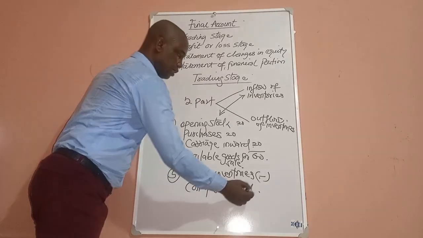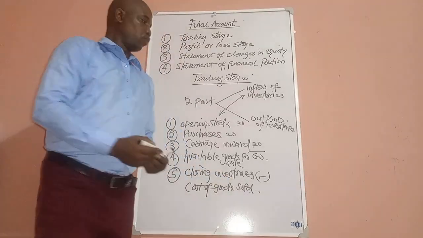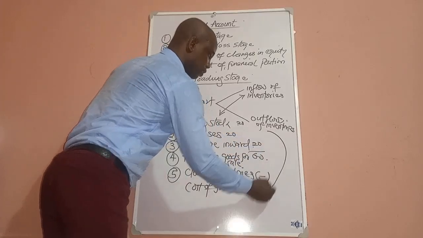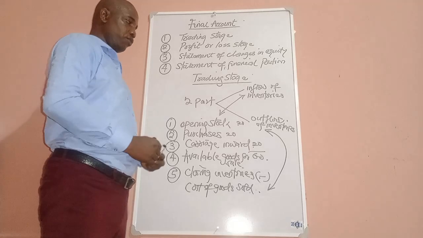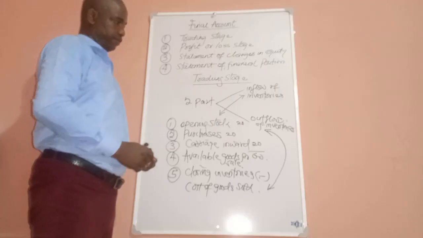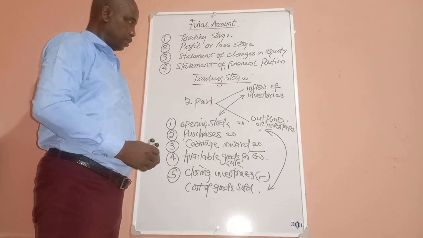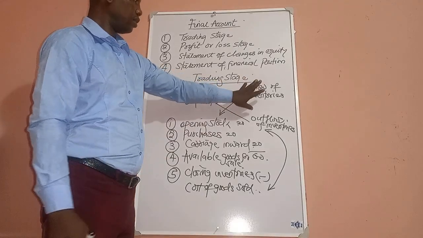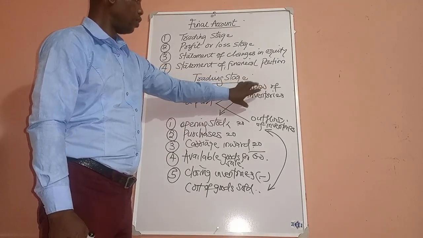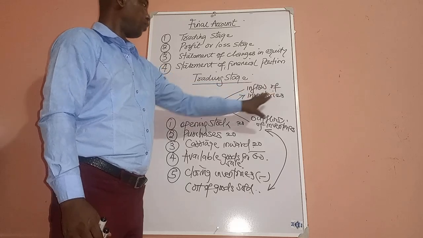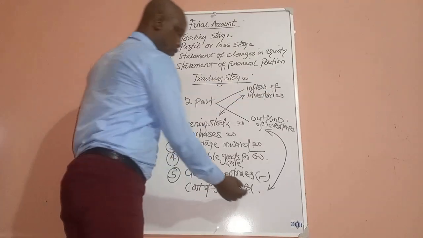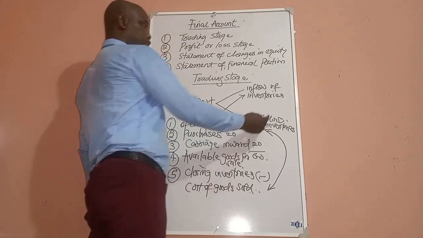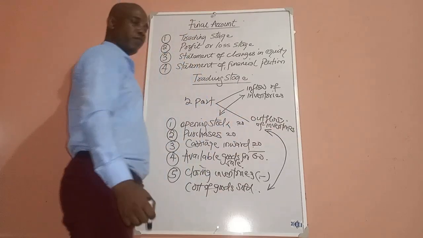So when you get this figure, it will be compared with whatever you arrive at under outflow of inventory before you get what we call the gross profit. So the main reason for adjusting for inflow of inventories is to arrive at cost of goods sold. Whatever figure we get here should be deducted from the net figure from outflow of inventories.